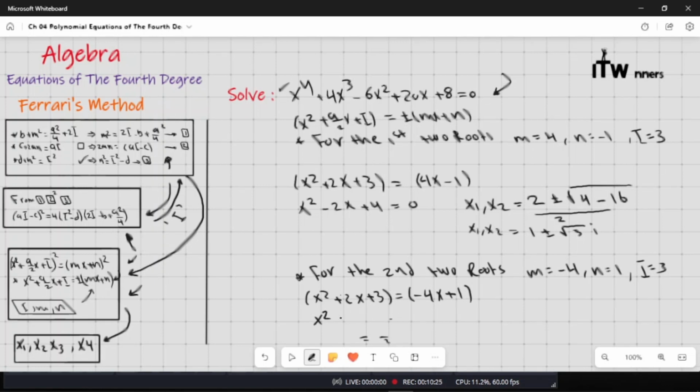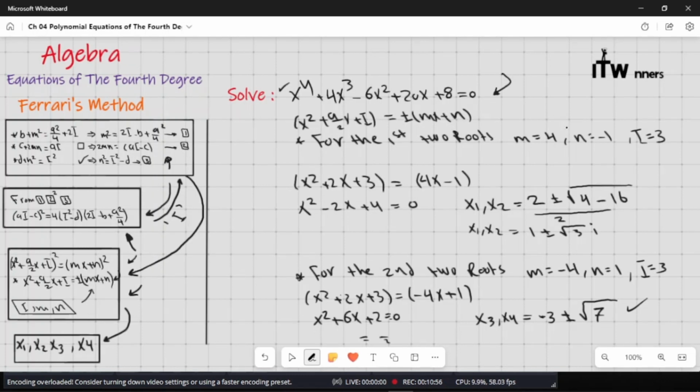So here x squared plus 6x plus 2 equal to 0, and here x3, x4 equal to negative 3 plus or minus square root of 7. Okay, so here the last two roots of this equation. Okay, let's move to another one.